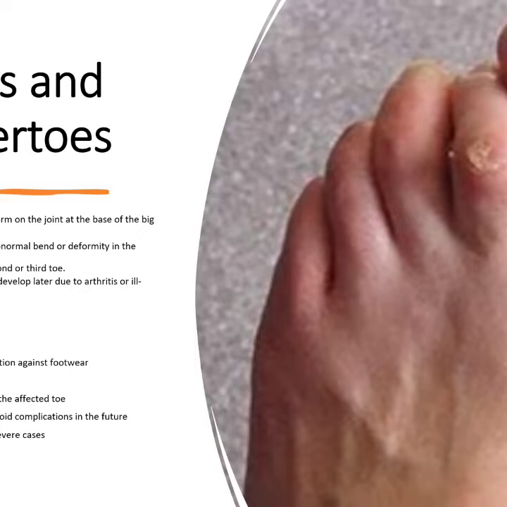The common symptoms you can see in people with hammertoes or bunion include the following. Some people with this will have a kind of discomfort while walking. Some will have a toe with downward bend, calluses or corns from the friction against the footwear.